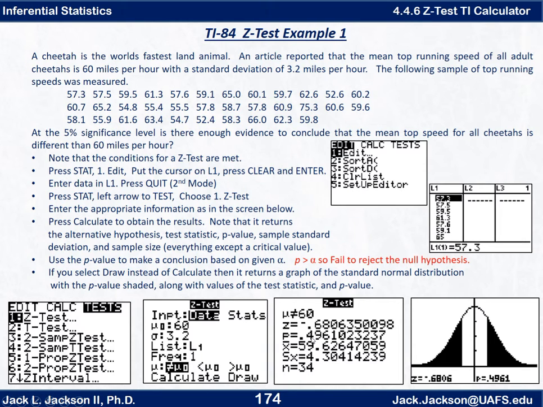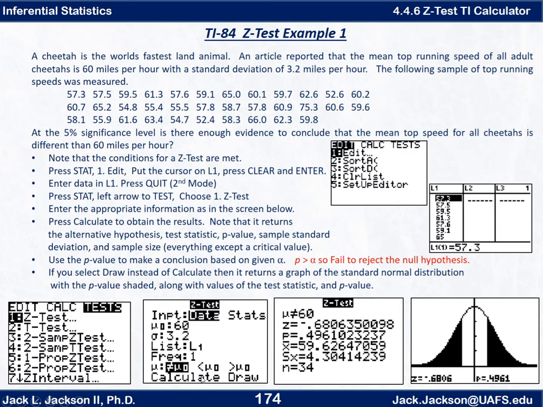The p-value that goes with that is 0.496, etc. The x bar value is 59.626. Although this is not needed for the particular test, it does tell us the sample standard deviation and the sample size.